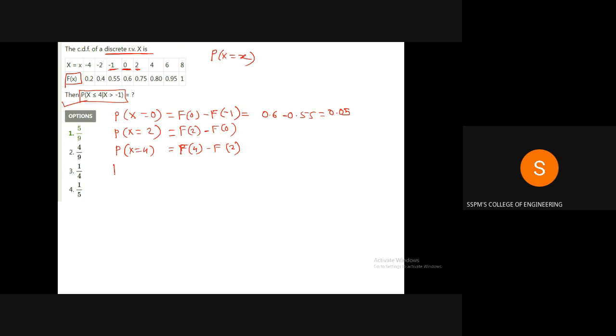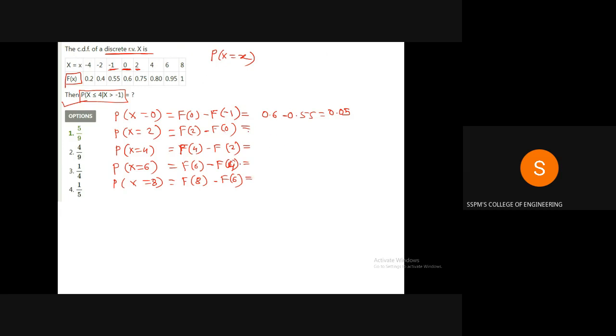For probability of x is equal to 6, it is f of 6 minus f of the previous x, that is f of 4. Again, probability of x is equal to 8 is f of 8 minus f of 6. Now we will put all these values.